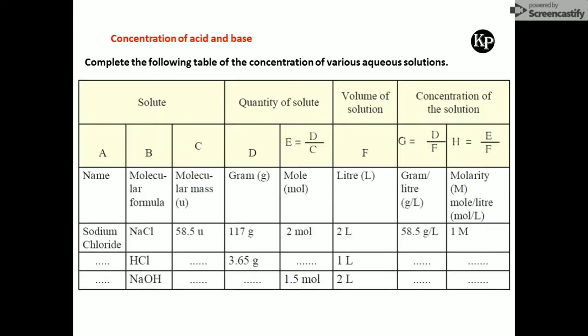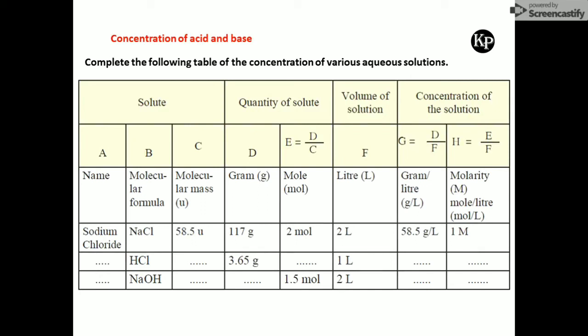So friends, now complete the following table of concentration to get an exact idea about molarity and gram per liter solutions. See this table. In the first example, sodium chloride, the molecular formula is NaCl. Molecular mass is 58.5. How many grams of NaCl solute are used? 117 gram is taken.